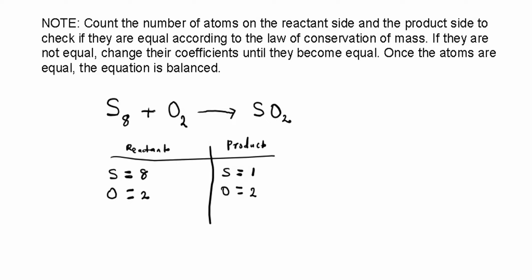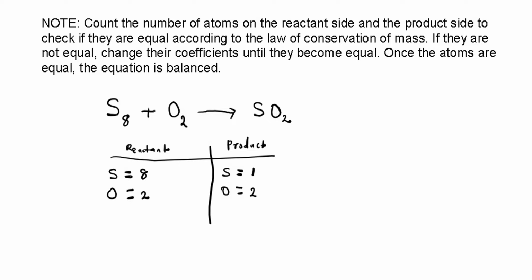Remember, for you to have a balanced equation, the total atomic number in the reactant side must balance with the total atomic number in the product side. So here, in the reactant side, we have 8 atoms of sulfur. But in the product side, we have only one atom. That means it's not balanced.